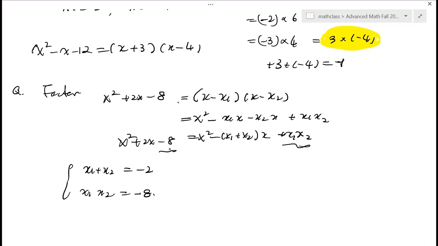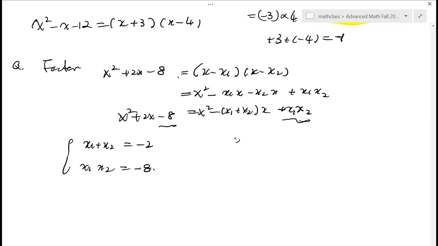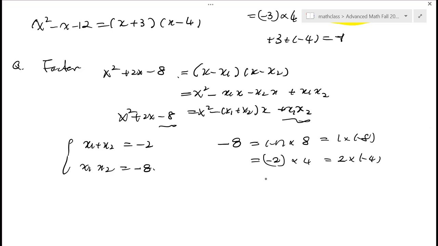Okay, so I'm going to begin with the product. So -8 is going to be -1 times 8 and 1 times -8, okay? And -2 times 4 and 2 times -4. That's it. So you have a total of 4 choices.